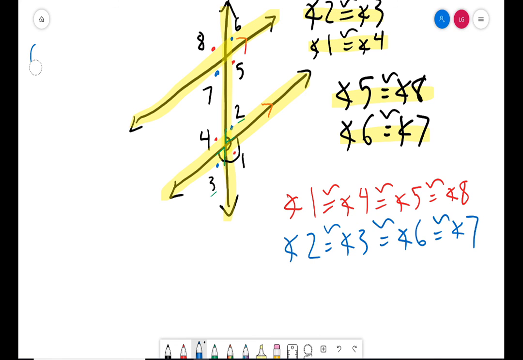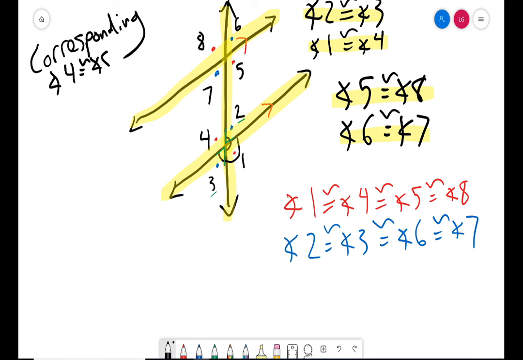Let me go back to black. That'll be 4 and 8 is one example. Angle 4 and angle 8 are corresponding angles. Hopefully you can see, picture the relationship here of what exactly is going on between 4 and 8. You can see other pairs of corresponding angles, 1 and 5, 2 and 6, 3 and 7. Those are all corresponding angles.